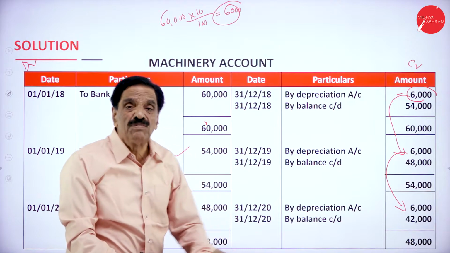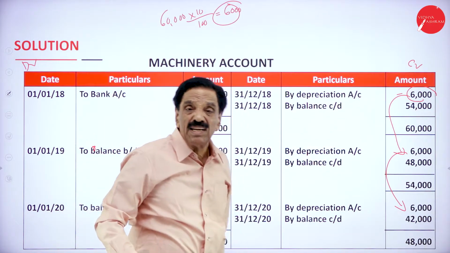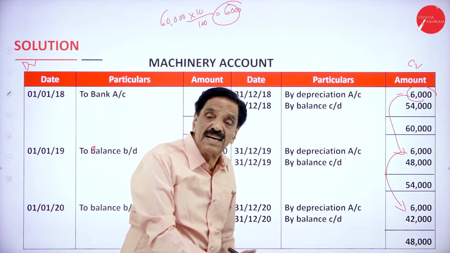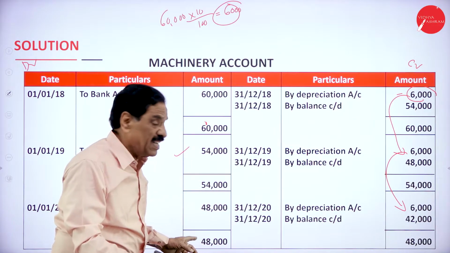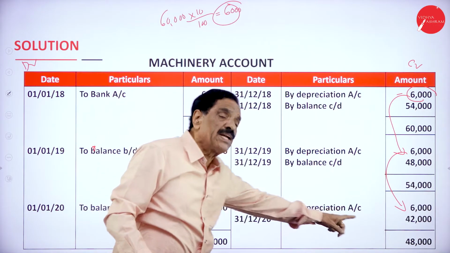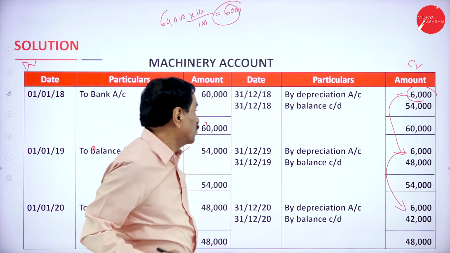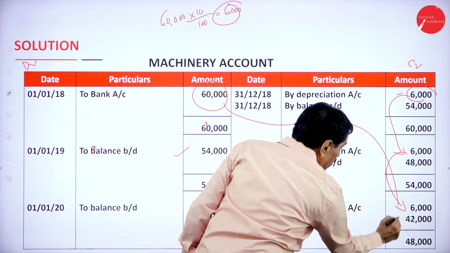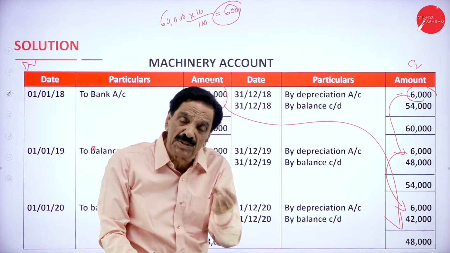1/1/2019: how much? 54,000. Depreciation remains constant. For the first year, depreciation is 6,000. The second year also 6,000. How much balance is there? 48,000. That becomes the opening balance for the third year. Here also depreciation remains constant. At the end of the third year, the value is 42,000. Starting with 60,000, at the end of the third year the value becomes 42,000, so 18,000 has gone as depreciation for the 3 years.